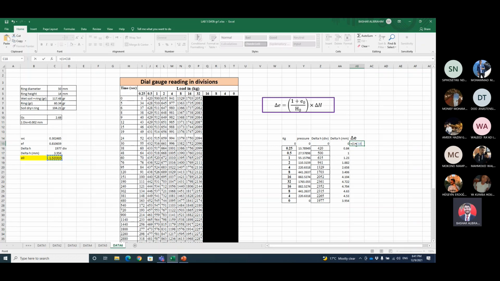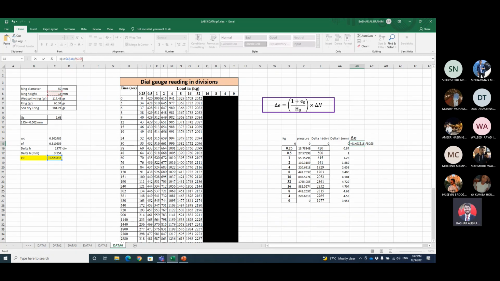Okay, you fix it by clicking F4. When I click F4, it adds the dollar sign before the letter and after the letter. By this, it will be locked. Okay. Then divided by H0, which is this one.